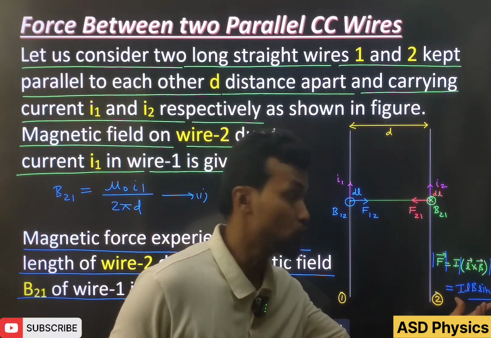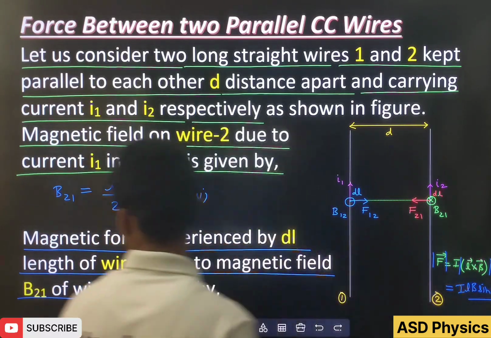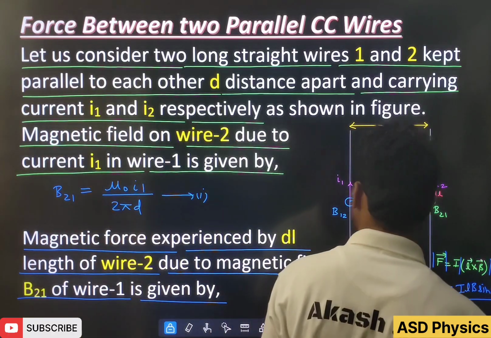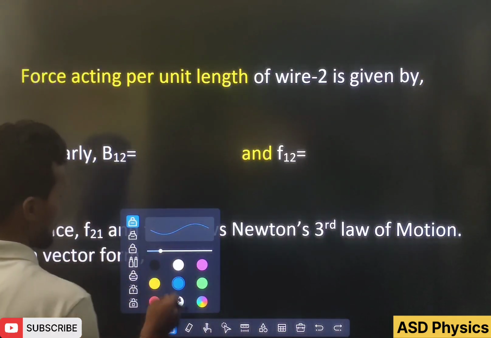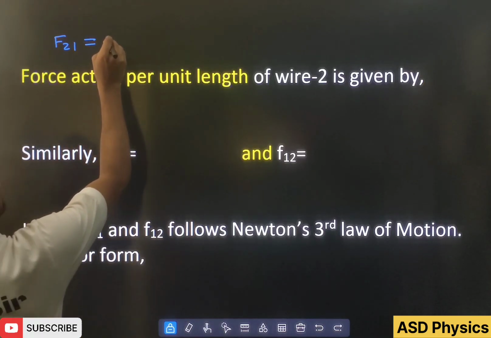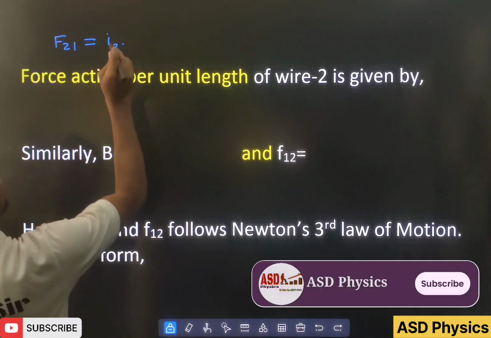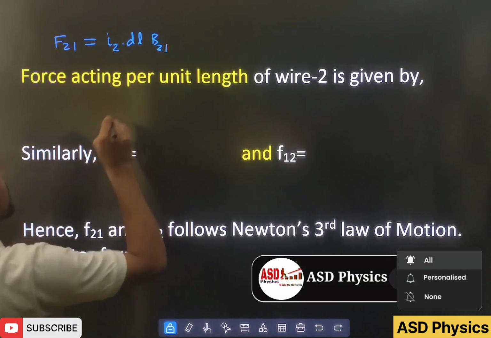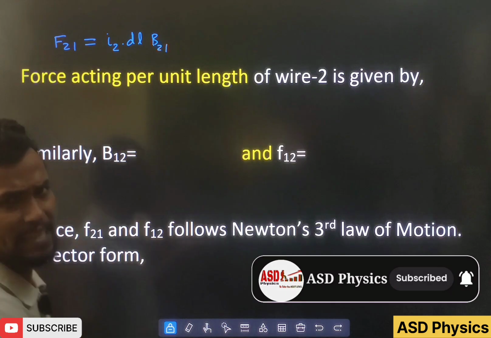So this thing I am going to do here. Now we are going to see this force F21. If I write F21 here, what can I write? Current in wire 2, I2, length dl, and magnetic field B21, and sine 90 degree.